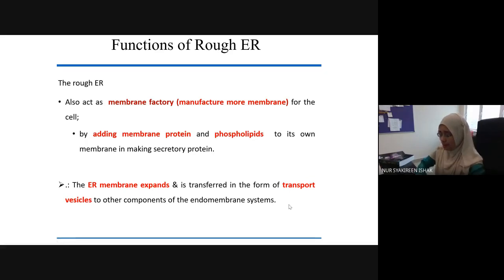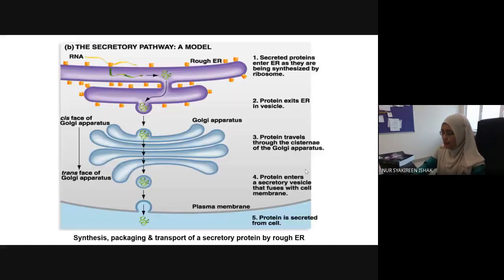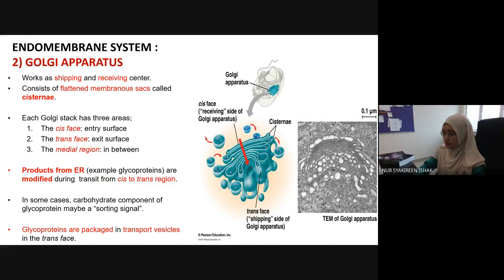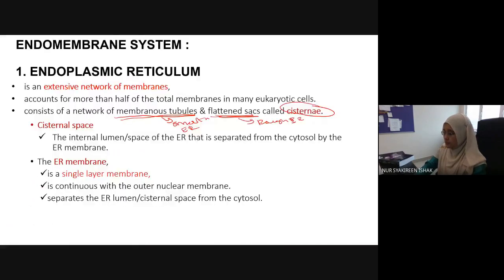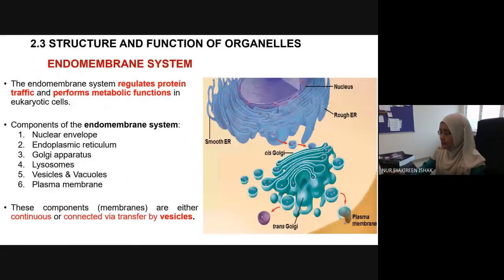So all the membranes of the endomembrane system were originally from the membrane of the RAF-ER. Tadi kalau tengok macam gambar tadi tu. So this shows you the membrane of the components of the endomembrane system.